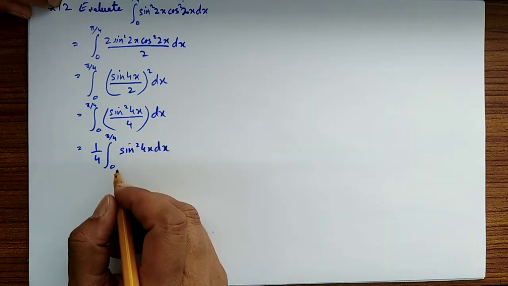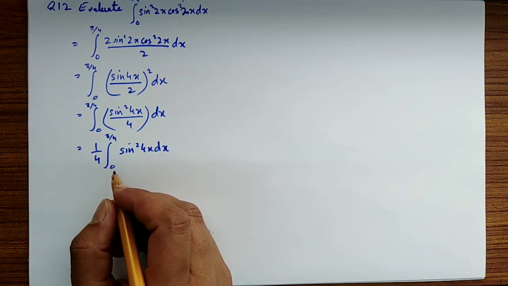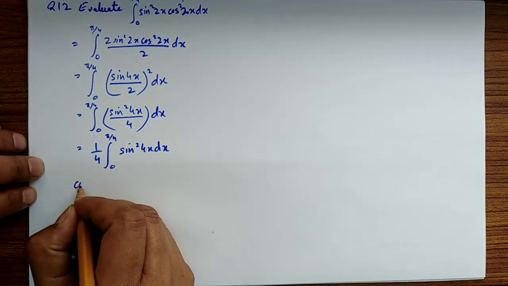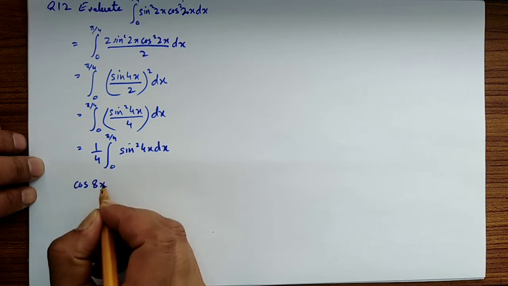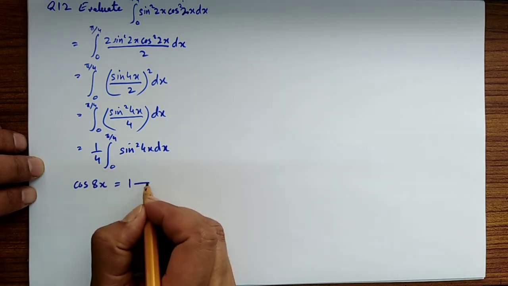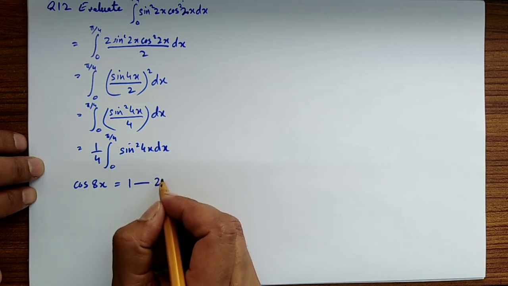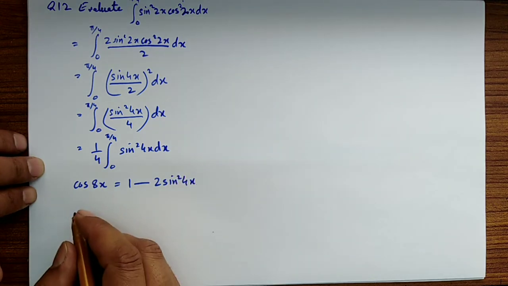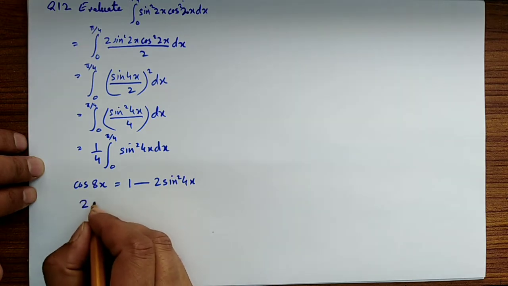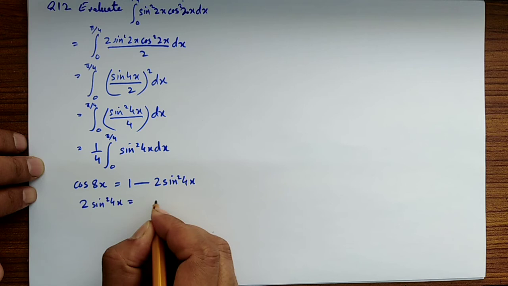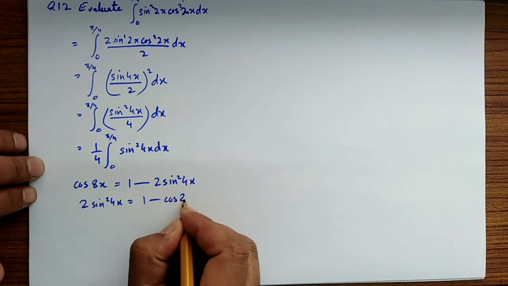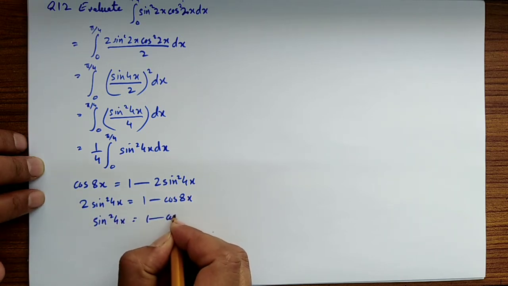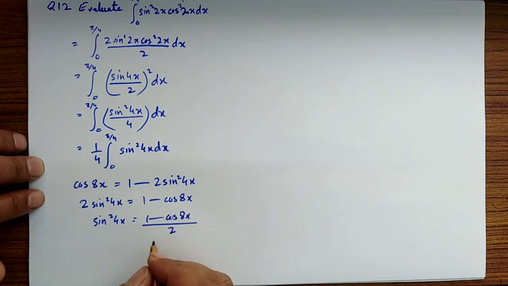And now, before applying the integral, we know that cos 8x can be written by using the formulas from our previous discussions. 2 sine square 4x can be written as 1 minus cos 8x, so sine square 4x is 1 minus cos 8x upon 2.